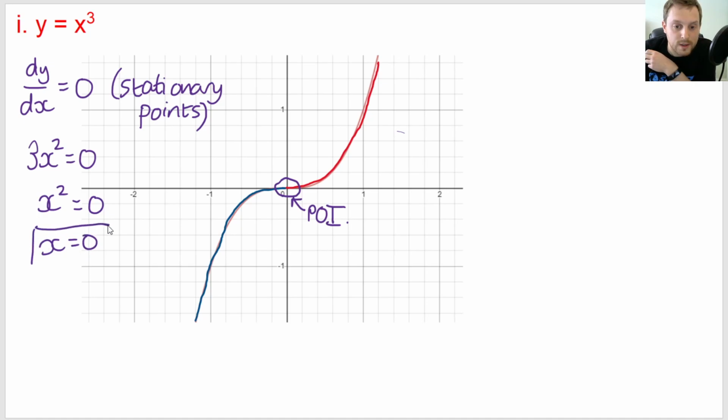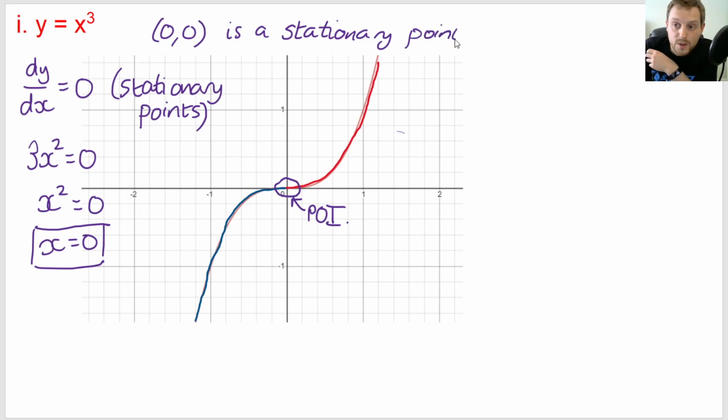So (0, 0) is a stationary point by the definition, right? It satisfies dy by dx equals 0. Well, what sort of stationary point is it? It's a point of inflection, and because it's a stationary point, it's what's called a stationary point of inflection. Okay.